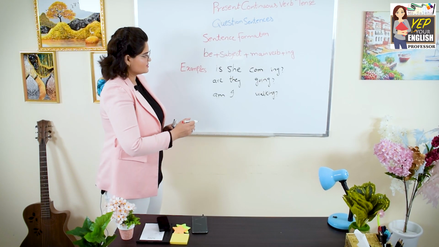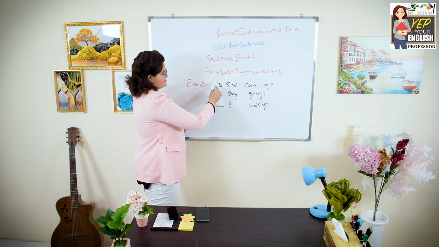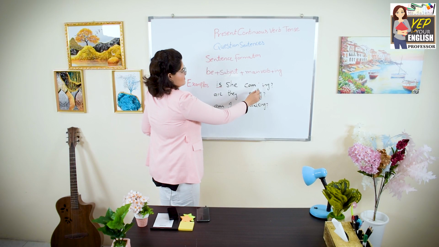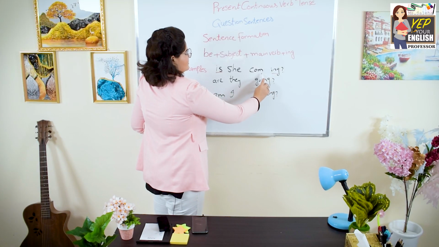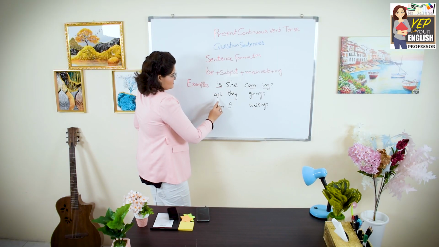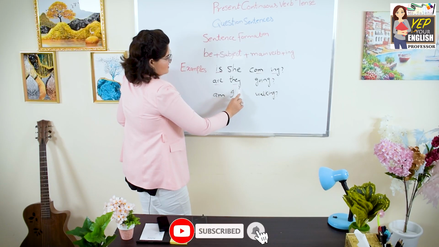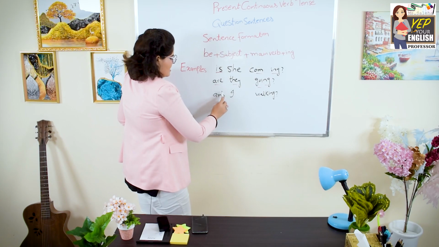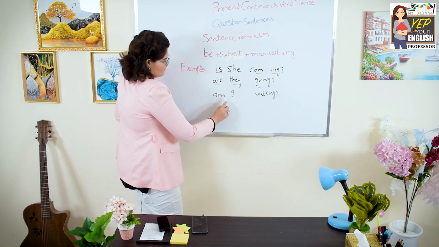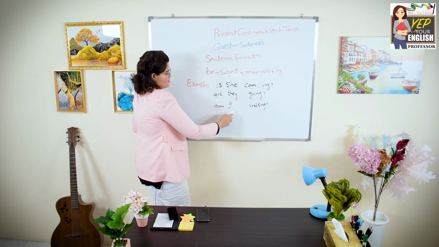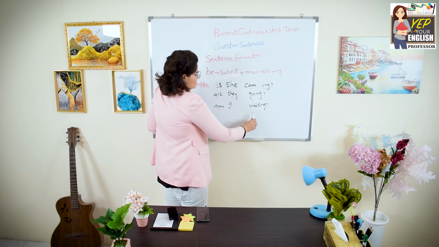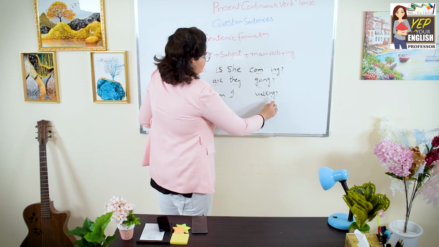In these examples, you can see we added is before the subject she, then the main verb come and ing, coming. We added are, the be form, before the subject they, and then go, and we added ing, going. Similarly am before the subject I, or a subject can be any name, and we added walk and ing.